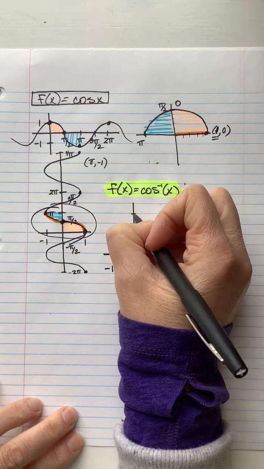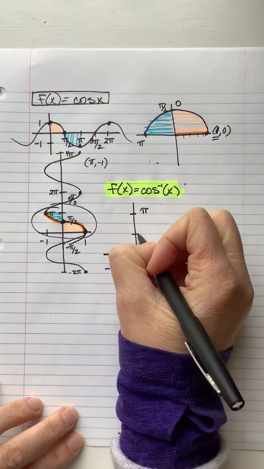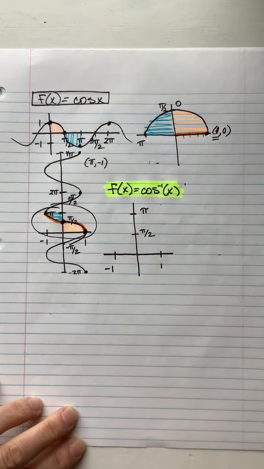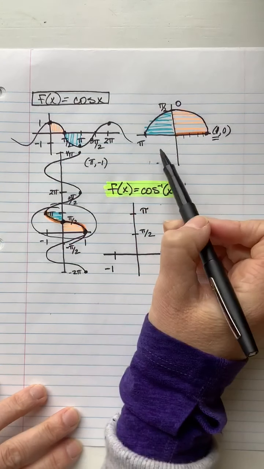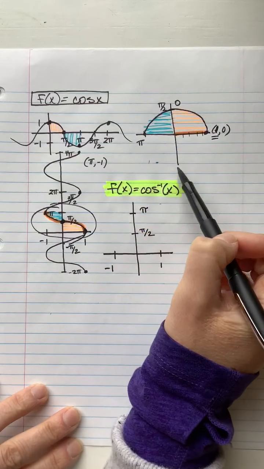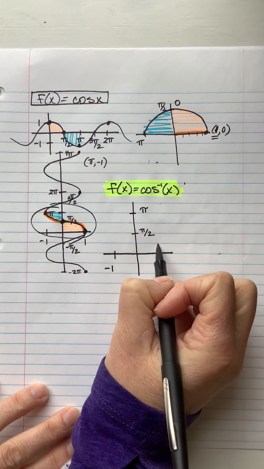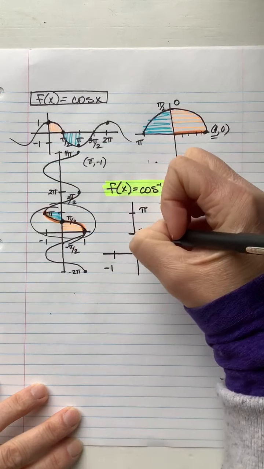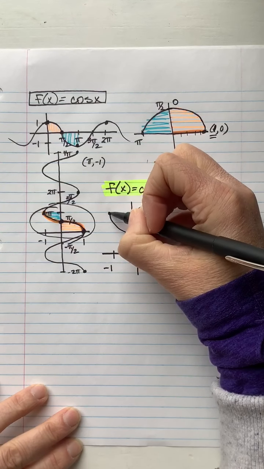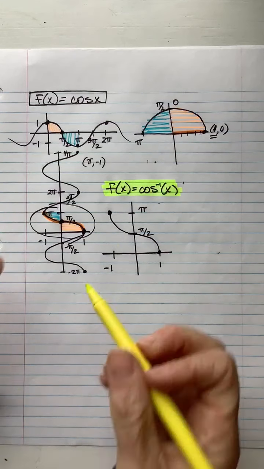So if I pull out that little slice, I'm going to make it a little bigger. Pi and pi over 2. We are only going to be looking at this part of the unit circle, and we are only going to include this slice as we move forward.